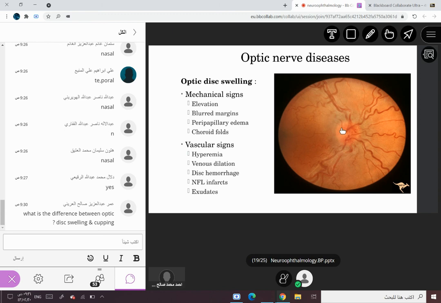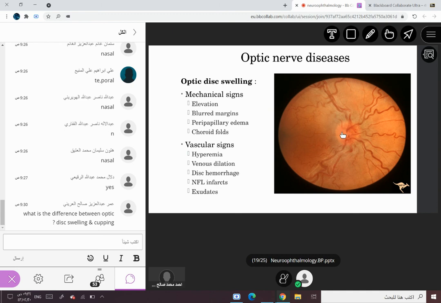there is a cavitation inside the disc. I wish I had a picture for the cupping, but I think you have gone through the glaucoma lecture, and there is also a very beautiful picture, most likely in the glaucoma lecture.